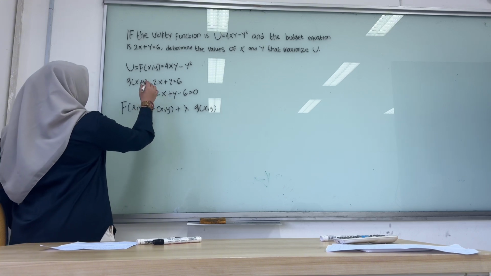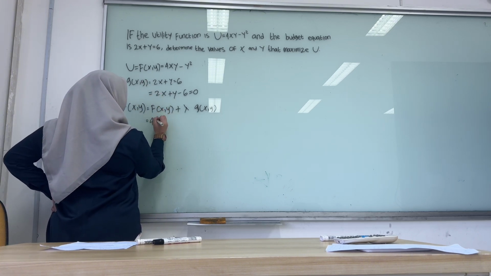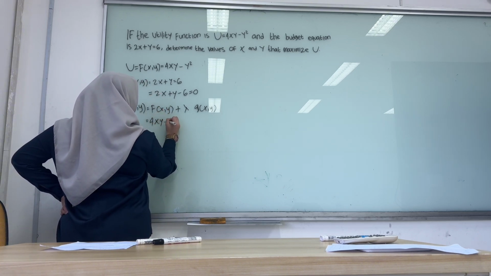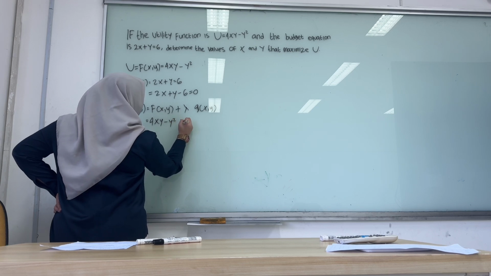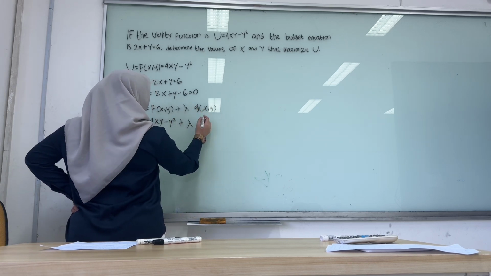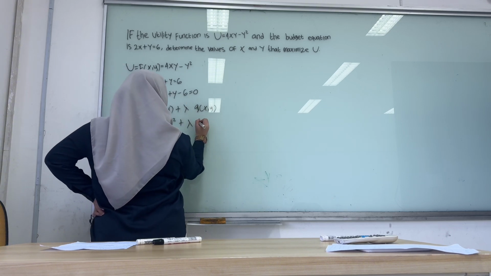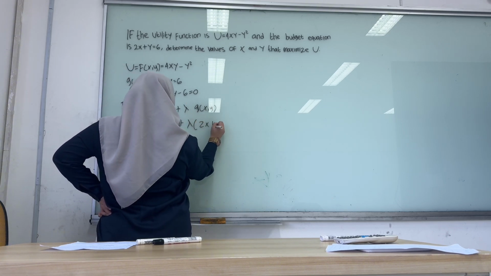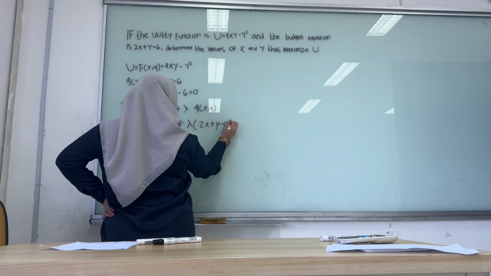We put f(x,y) here, 4xy minus y squared, plus lambda times g(x,y), 2x plus y minus 6.